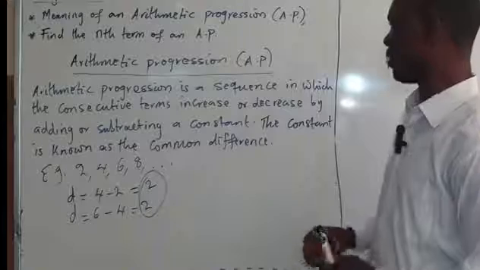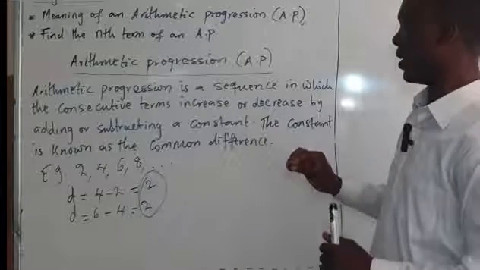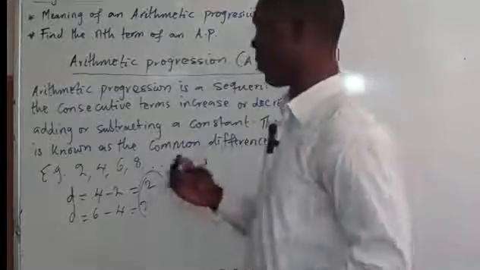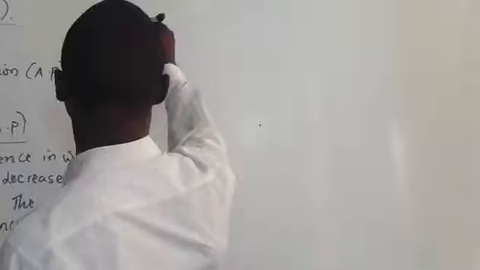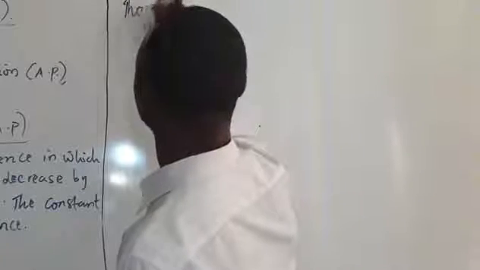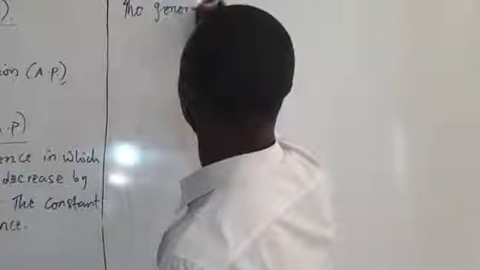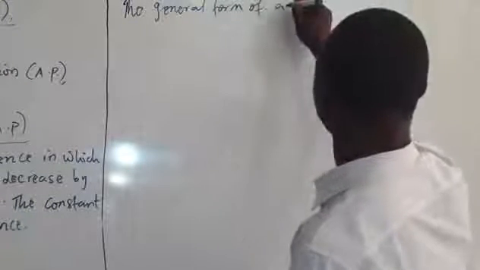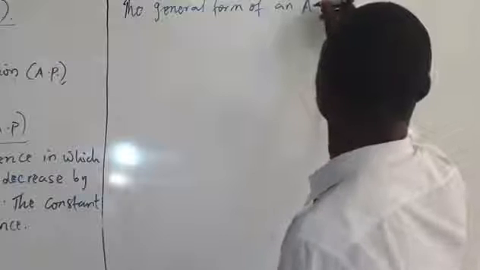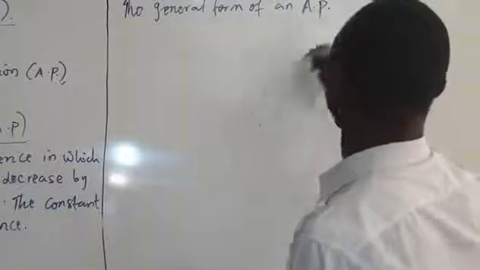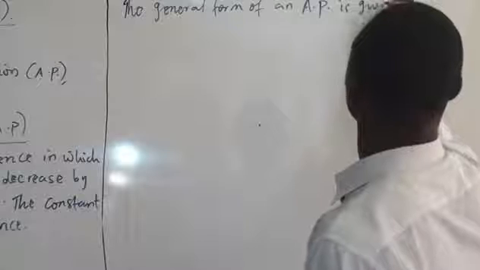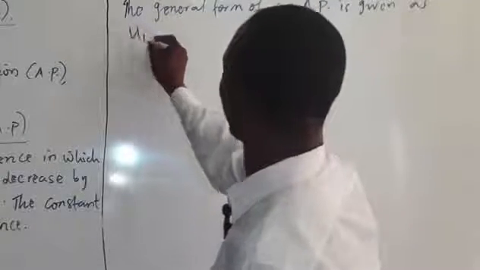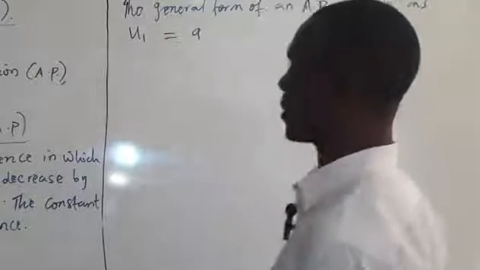So after this, we are going to be looking at the general form of an AP, which is arithmetic progression, which is given as U1, which is equal to A, that is the first term.